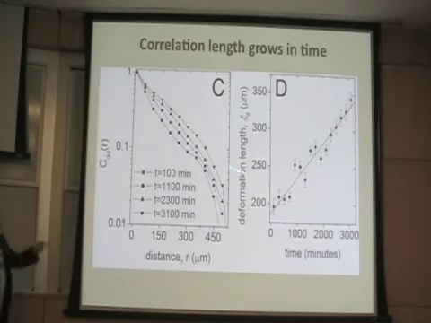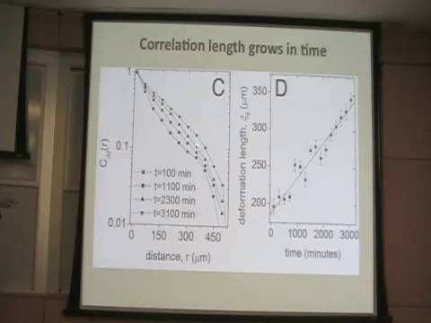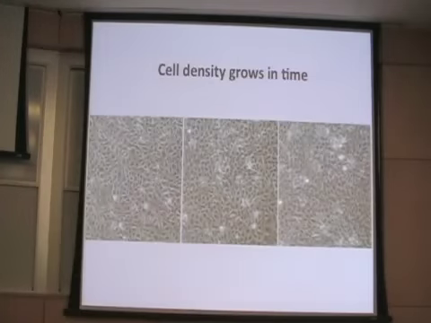In that case, we see this correlation function decays exponentially, and you can just fit a line to this and get a correlation length. And what we see is as the experiment goes on and cell density goes up, this correlation length grows. So somehow the correlated domains of deformation are going up.